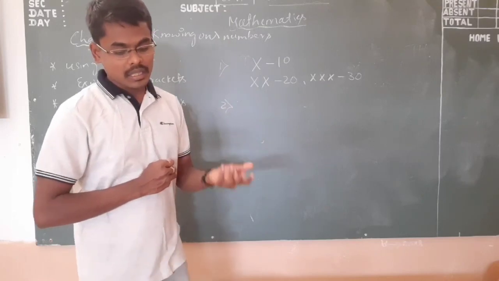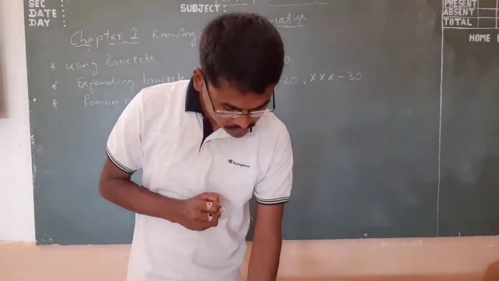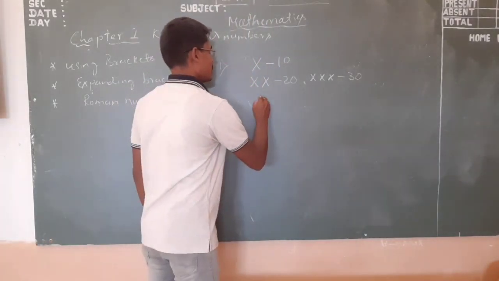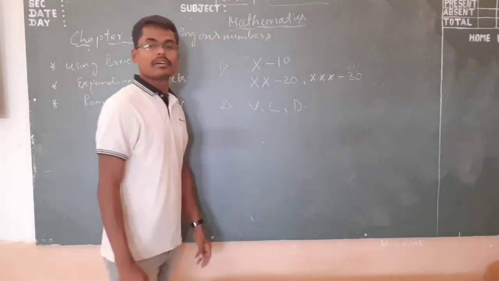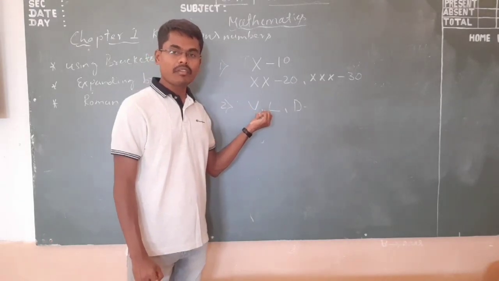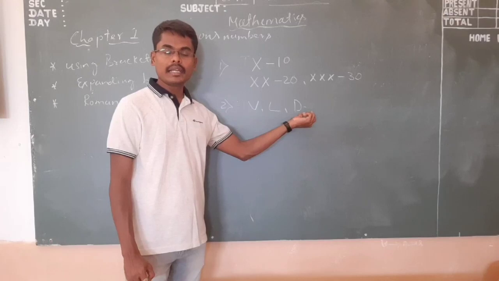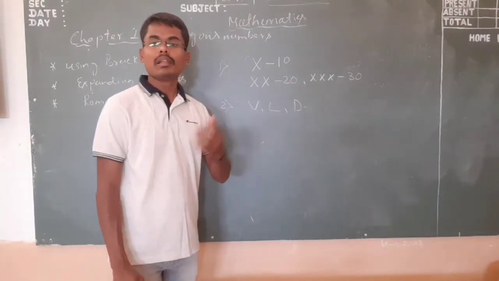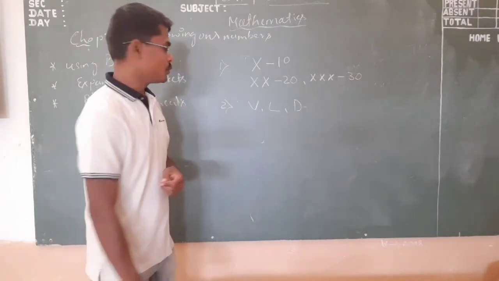In your textbook, they have given these representations that will never repeat. You know that this V indicates number 5, L indicates 50, and this D indicates 500. These symbolic representations will never repeat. Okay, this is rule number 2.